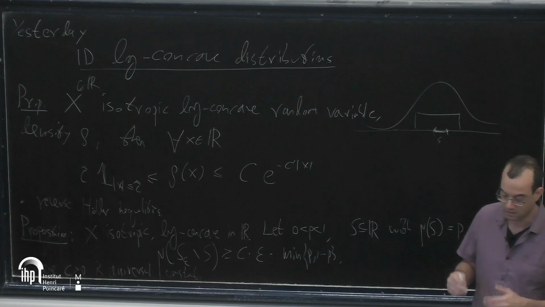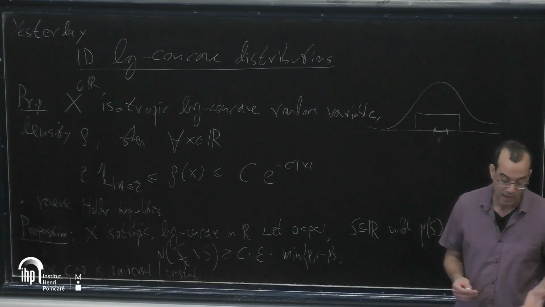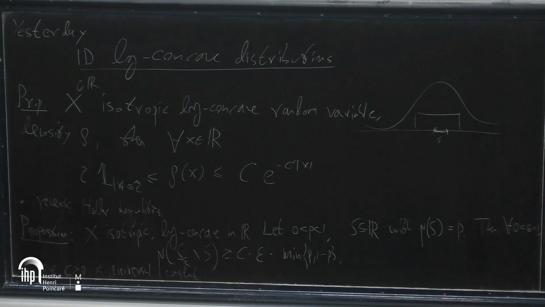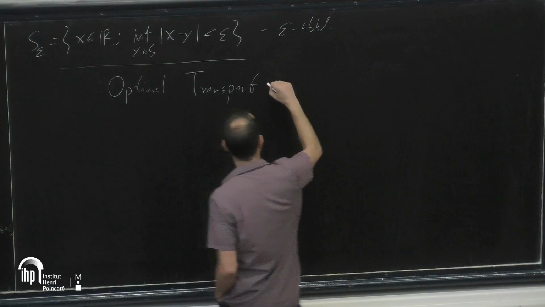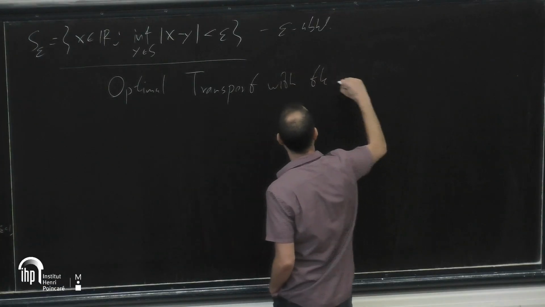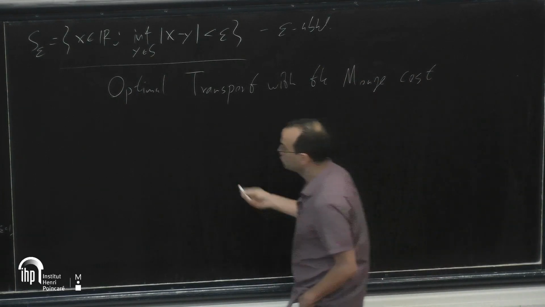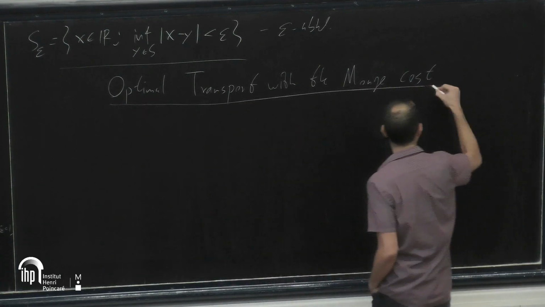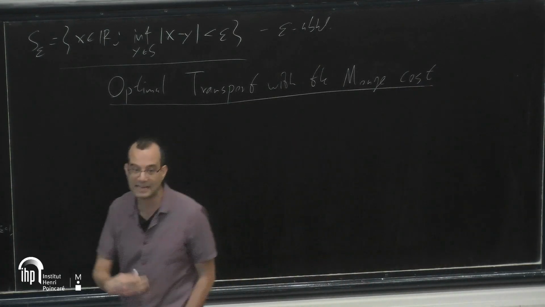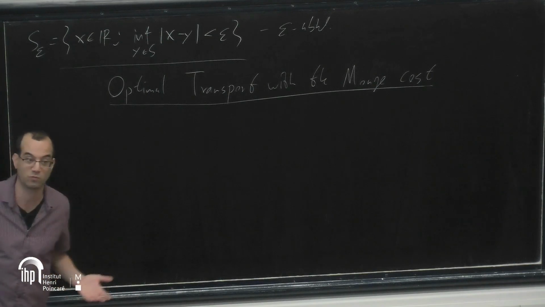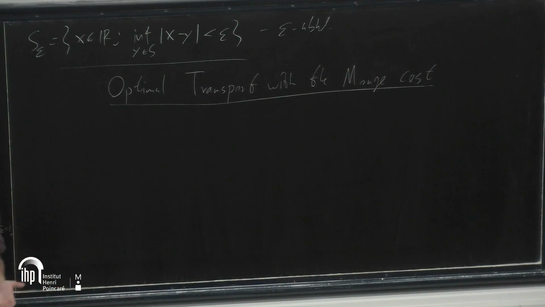Yesterday, we saw the heat semigroup approach in Joseph's lecture, and today, I'm going to discuss optimal transport with the Monge cost, which is a useful technique in this business. Now, I see in this audience real experts on optimal transport, so if anyone wants to make a comment or say something, it will be most welcome during this lecture.